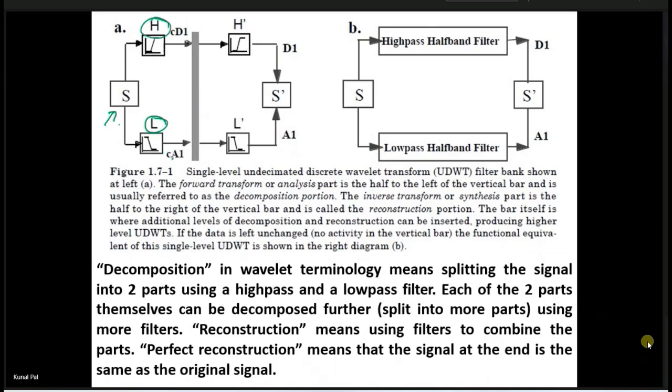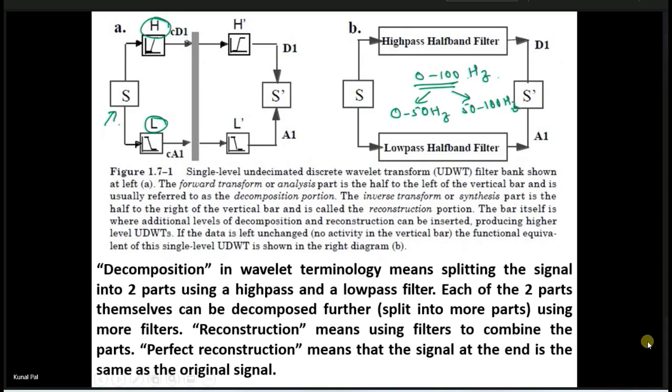Suppose you have a frequency component of 0 to 100 hertz. You apply a low pass filter and a high pass filter. Herein you will have a low pass component of 0 to 50 hertz, and on the higher side, in the high pass, you will have 50 to 100 hertz.